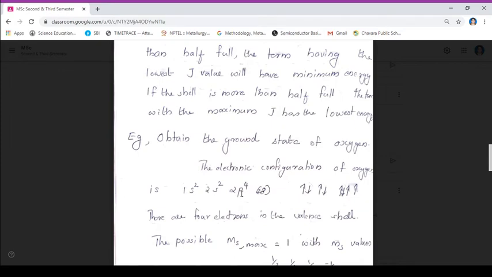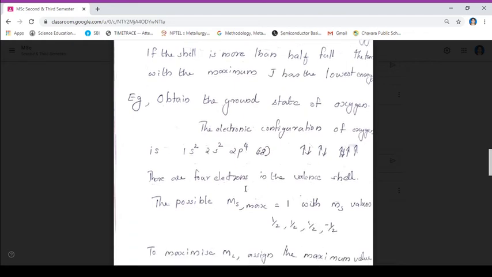Now first we have to find out the S value. For each of the 4 electrons, ms can have 2 values, either plus half or minus half. What we have to do is maximize the ms. So we will assume that the first electron has an ms value of plus half, the second plus half, the third plus half, and the fourth minus half.